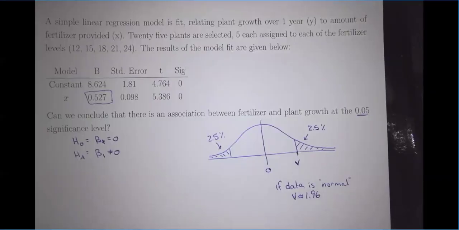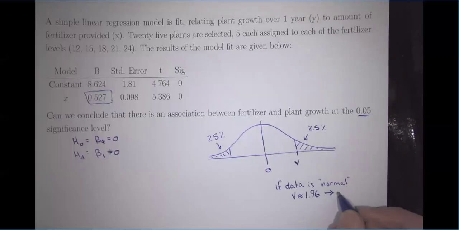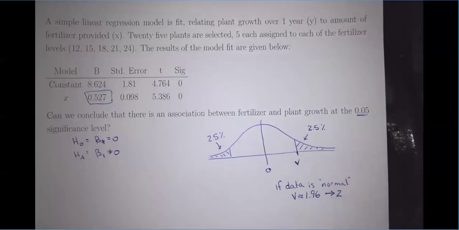So that's for a normal model. And if you go to a table and you look up the Z score that corresponds to 5%, you'll find that our cutoff value is 1.96. Now, if we want to ballpark it, 1.96 is pretty accurate, but usually we say it's about 2.